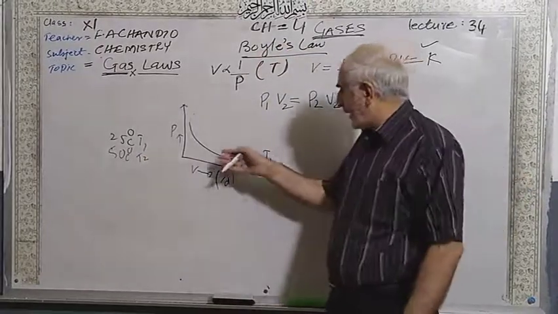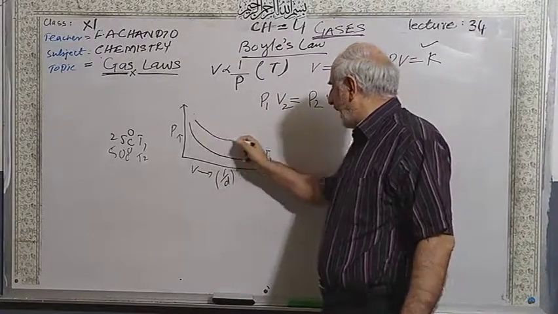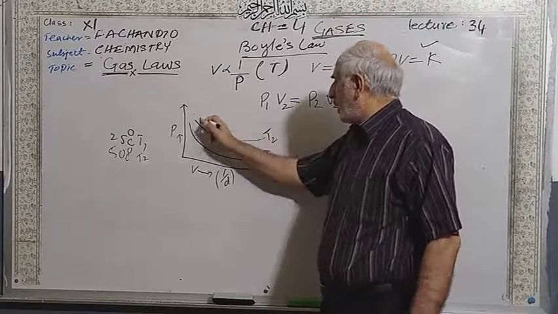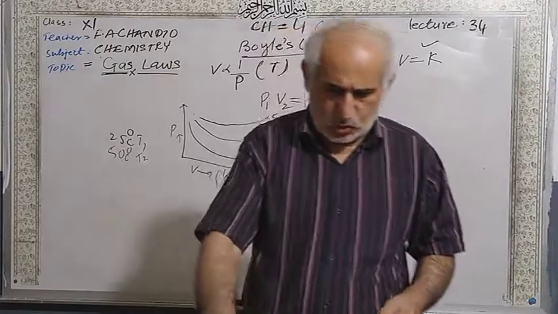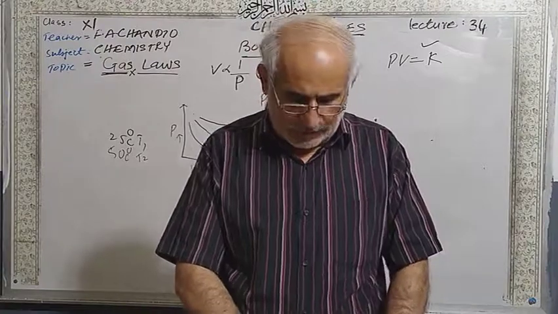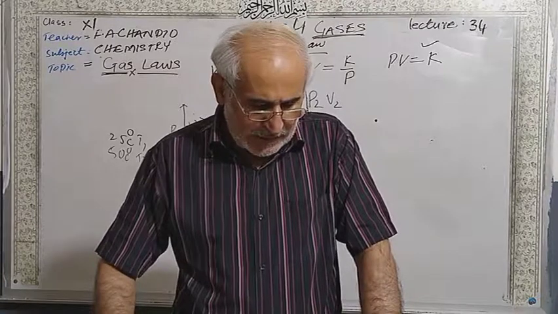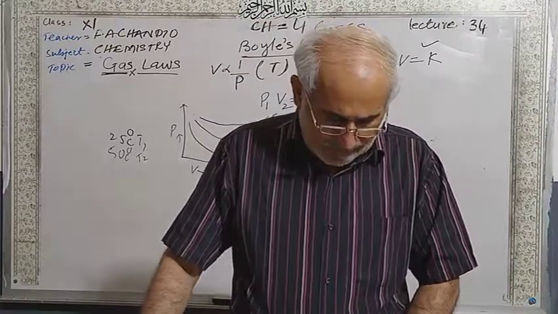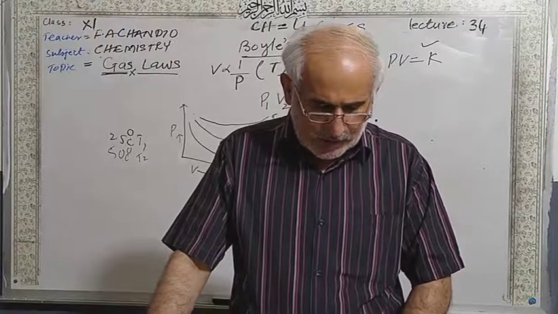When you increase the temperature, the isotherm will go away from the volume axis. You will get another isotherm curve. Increase more, you will get another. So when pressure of gas is plotted against volume at different temperatures, we get a family of curves, hyperbolas, with different values of k, each curve known as an isotherm, a constant temperature plot.